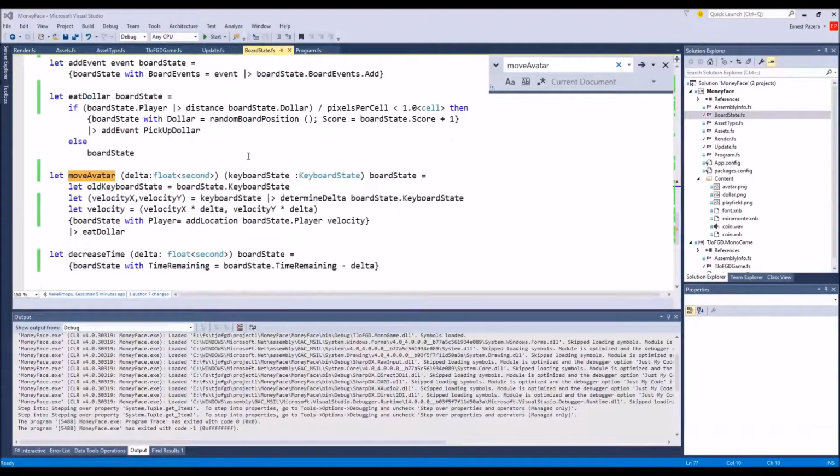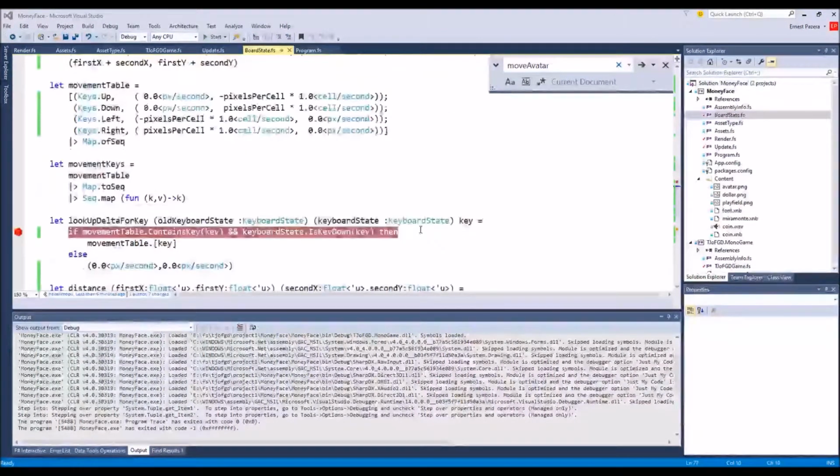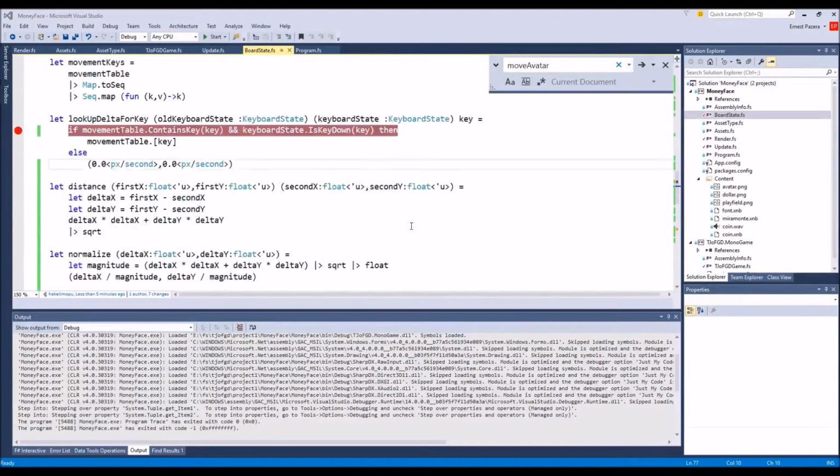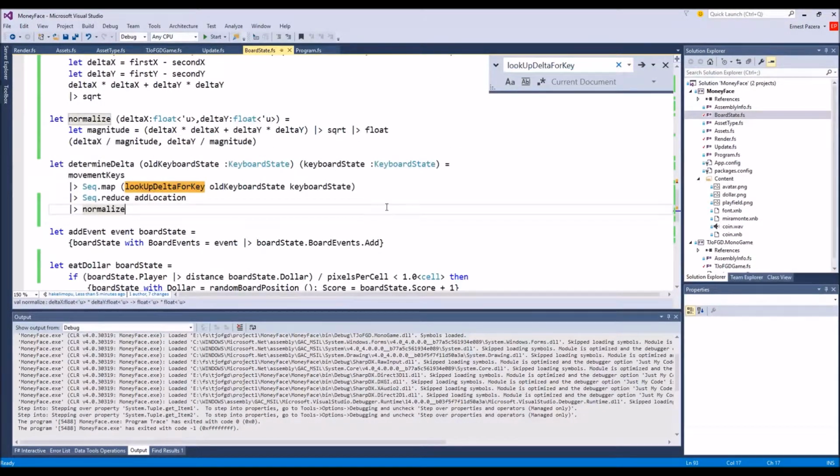what key are we dealing with? Keyboard state. My goodness, so what is, so all my movement keys, which is a sequence of keys. So mi, so okay, let temp equal that.